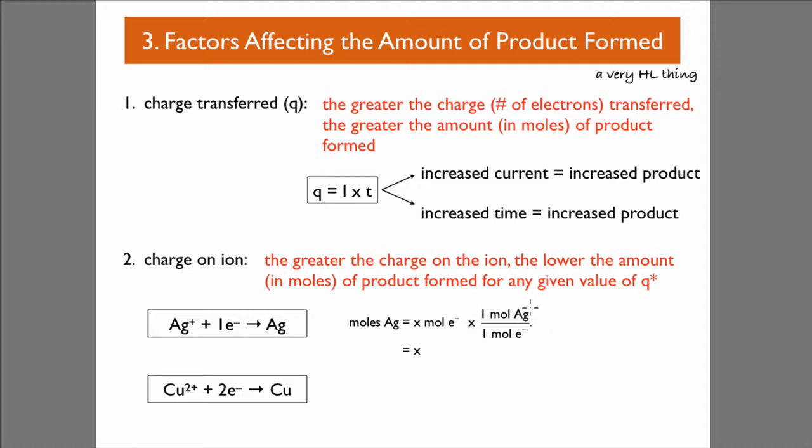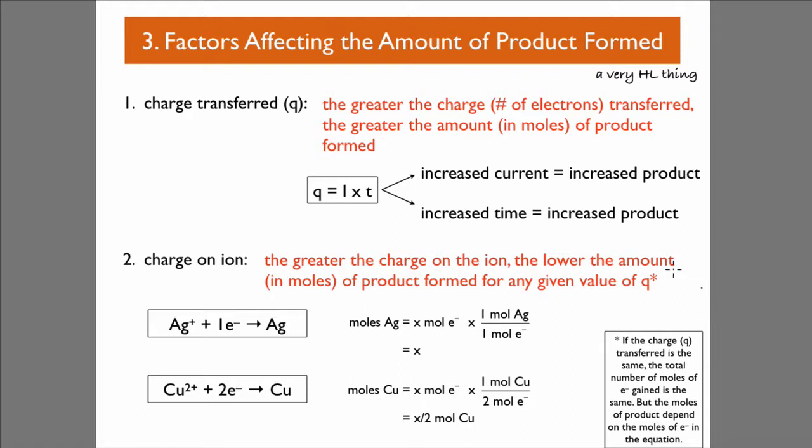We use a conversion factor of 1-to-1. However, if you require 2 electrons to totally discharge a metal ion, such as copper, then when you're converting moles of electrons to moles of copper, your conversion factor is a 1-to-2 ratio. And so you're going to only create half the number of moles in this scenario.